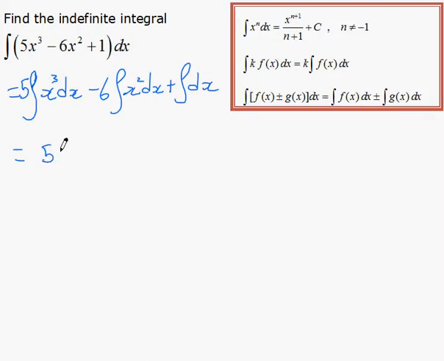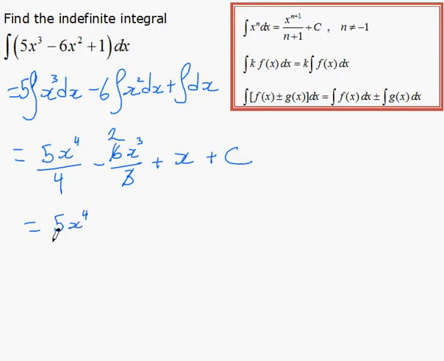Integrating gives us 5x to the 4 over 4 minus 6x to the 3 over 3 plus x plus a constant. Simplifying reduces this to a 2 and everything else stays the same to give a final answer of 5x to the 4 over 4 minus 2x cubed plus x plus a constant.